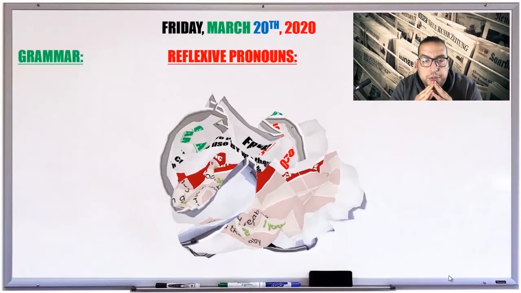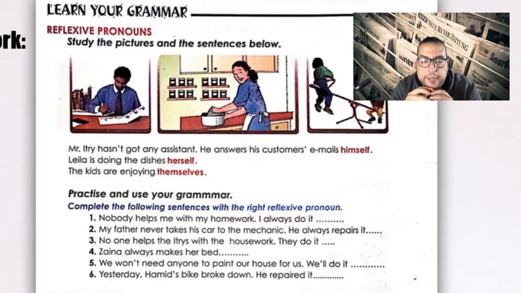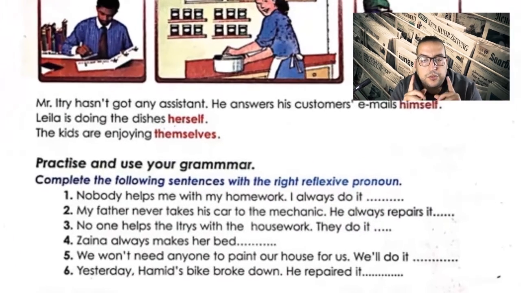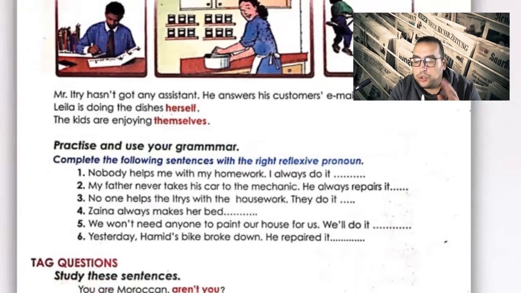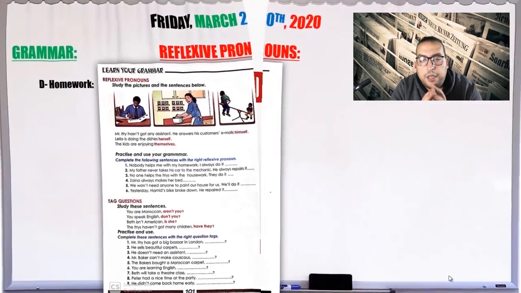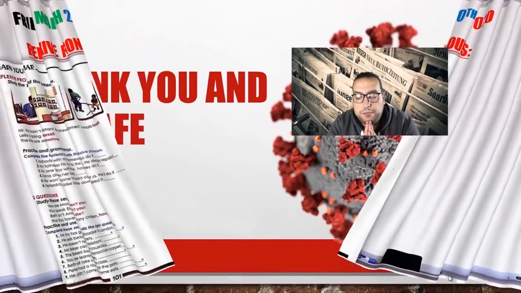You look at the pictures and you see the given examples, and then you do the exercise. It's about 6 statements that you should complete using reflexive pronouns. Don't forget this because I will check it via Messenger. So don't forget to send me your answers. I will be waiting for them.